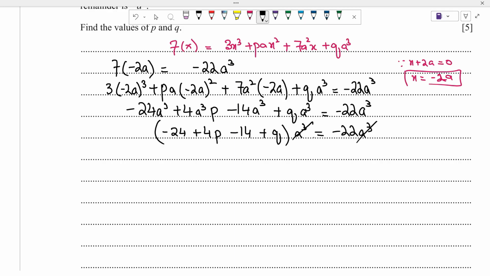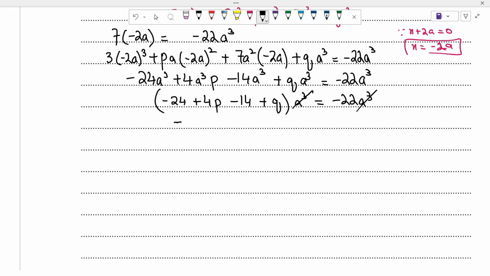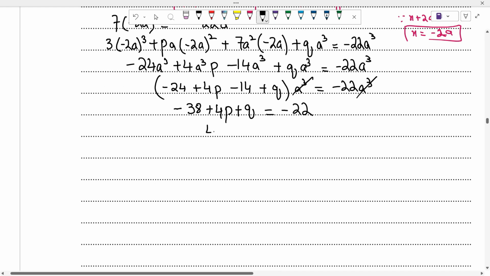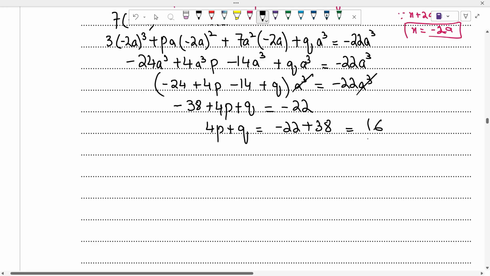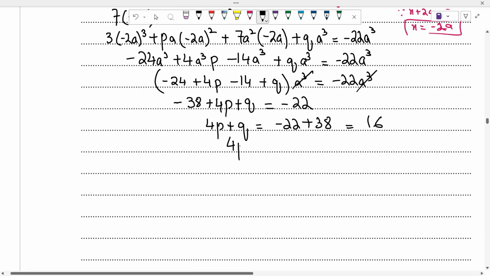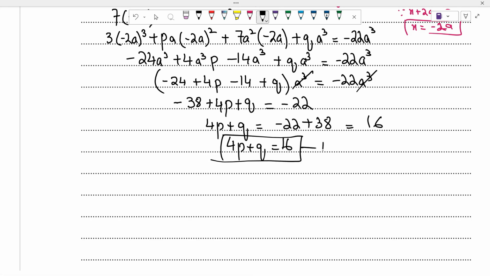So a cubed will cancel out and we will have negative 38 plus 4p plus q equals negative 22. So 4p plus q equals negative 22 plus 38, which is 16. So 4p plus q is equal to 16. This is equation 1.